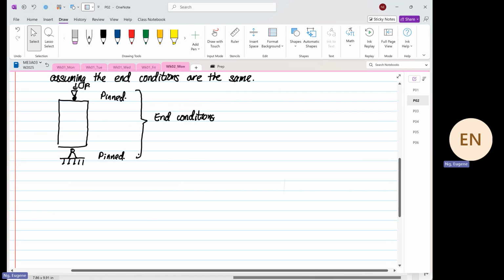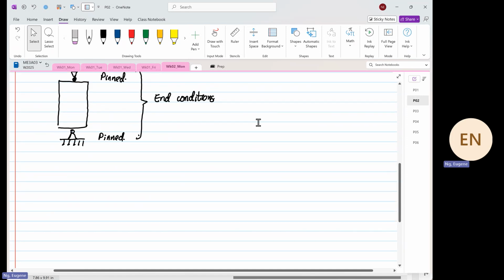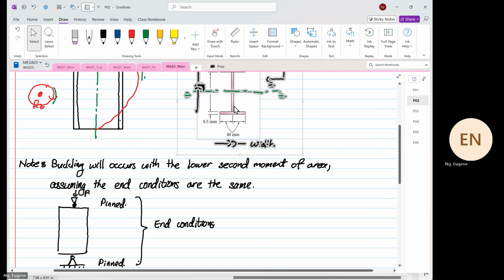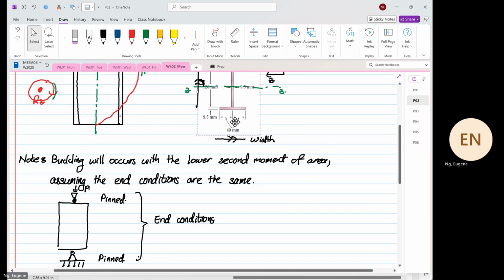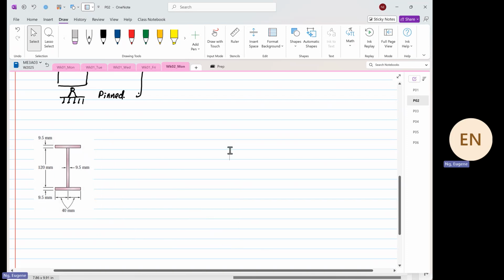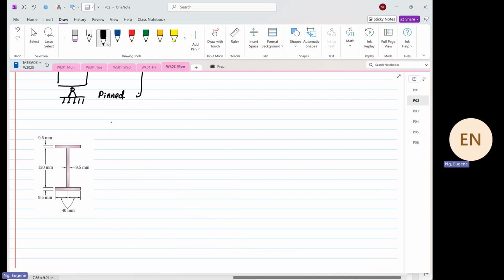Okay, so now let's try to look for our second moment of area. So what we're going to do now is we are on this side, we are going to focus on IYY. Okay, IYY. So the axis of interest, this is our YY.